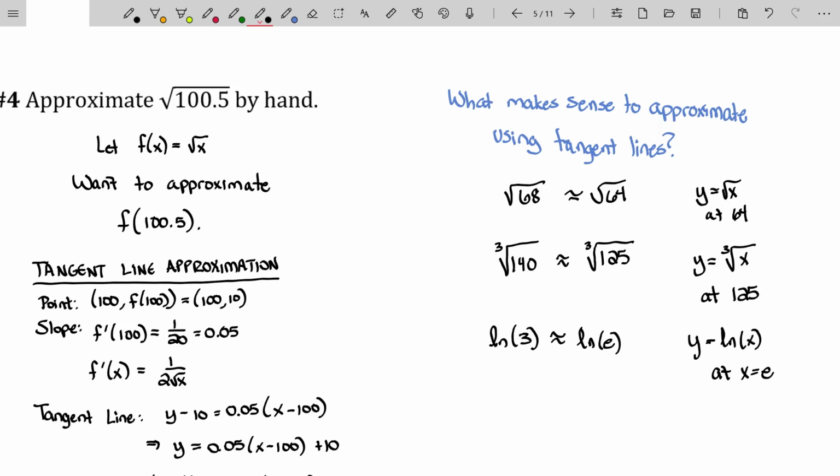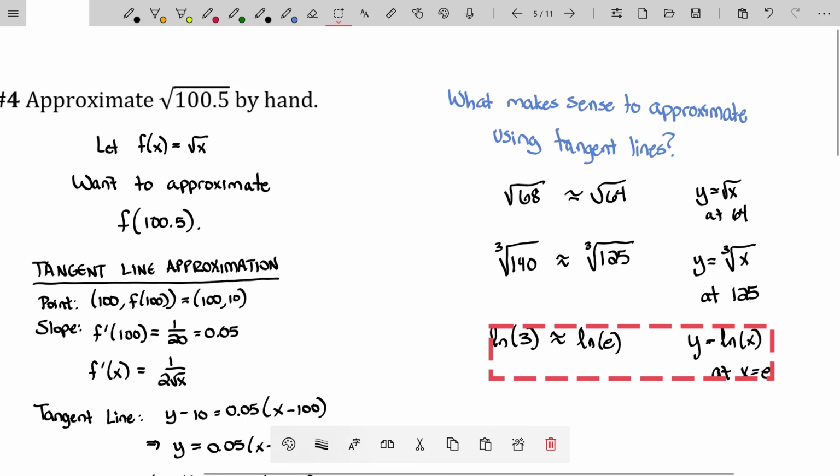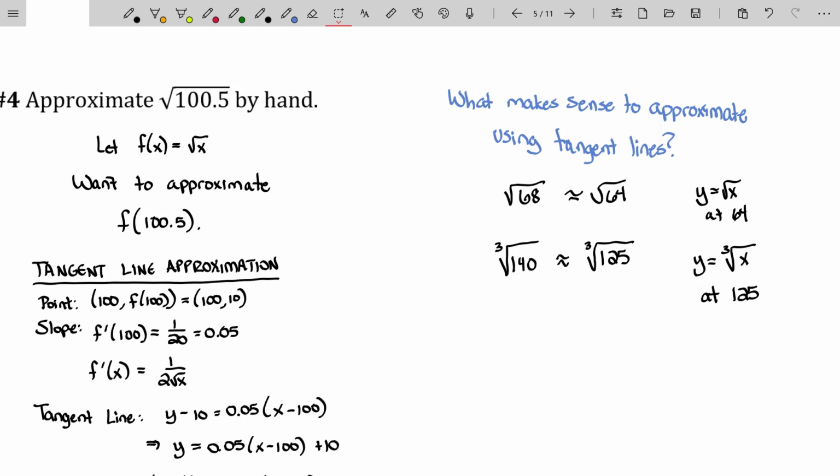And so when you do that, you'll get an exact value for the equation, because obviously if you take the derivative of natural log, it's 1 over x, and you're using e, so that's going to be 1 over e, which requires a calculator now that I'm thinking about it. So the moment that you have to touch a calculator, it's probably a bad approximation. So maybe this one's not that great because you would have to grab a calculator to get an approximation, and that defeats the purpose of not using a calculator, right?